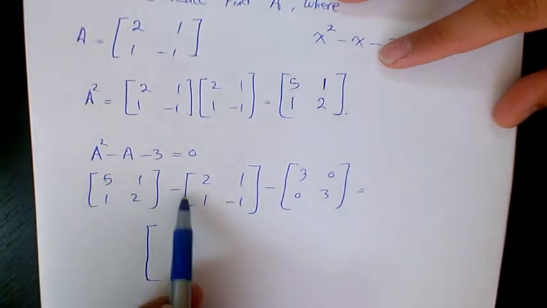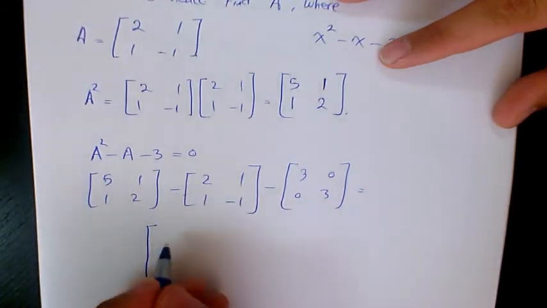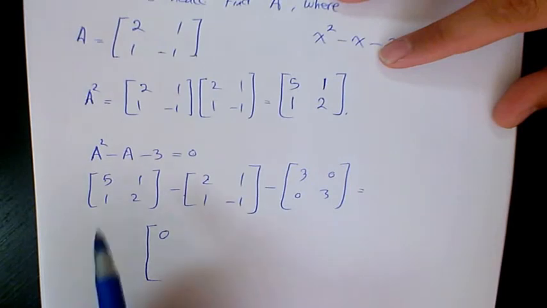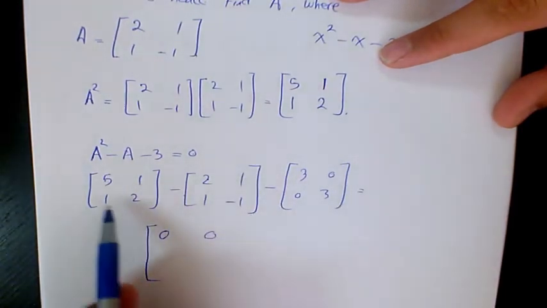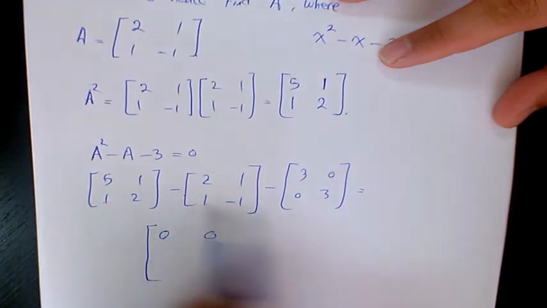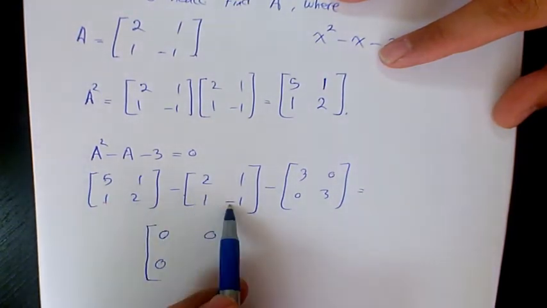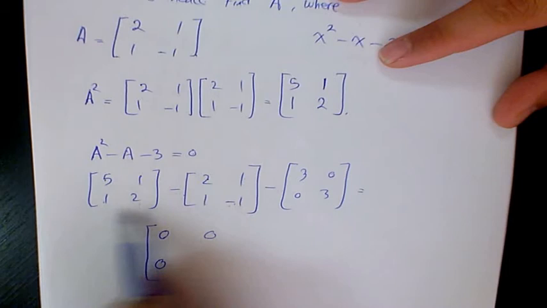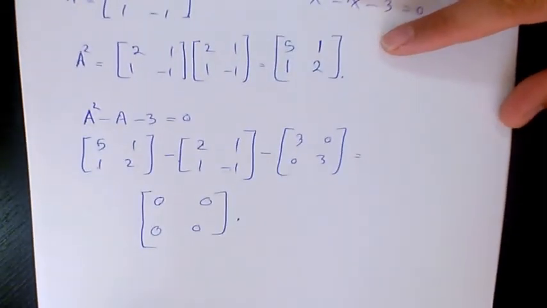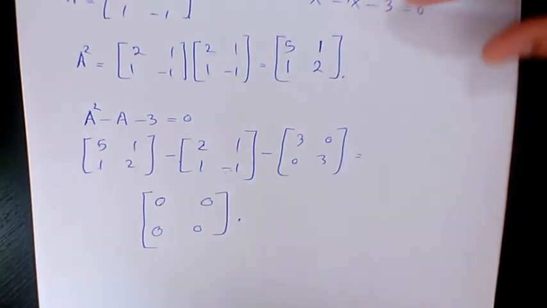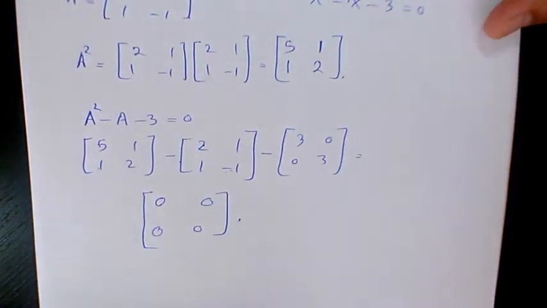It's going to be 5 minus 2, 3, minus 3 is 0. 1 minus 1 minus 0 is 0. 1 minus 1 minus 0 is 0. 2 minus negative 1 is 3, minus 3 is 0. Perfect. So it means the matrix satisfies its characteristic equation.